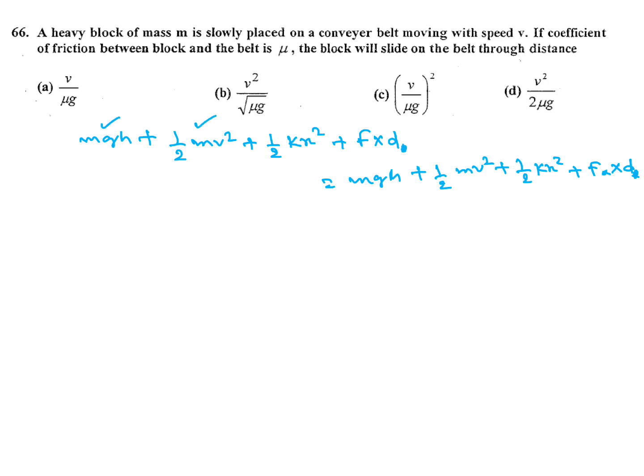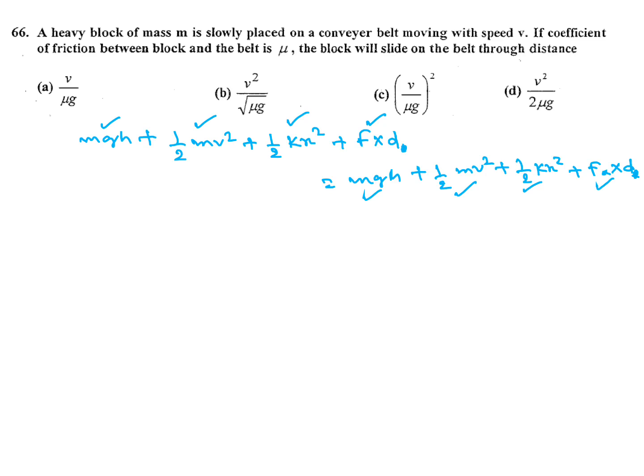Kinetic energy at position 1. This is spring energy at position 1. This is force into distance, work done. This is at position 2 potential energy, kinetic energy at position 2, spring energy at position 2. This is frictional resistance into distance.